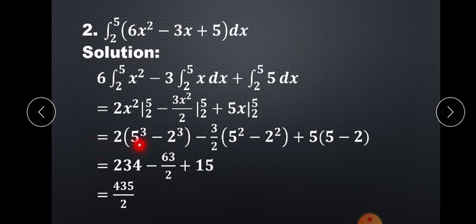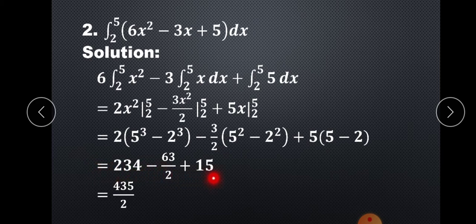Our next step is we need to simplify this. The simplification of 2 times 5 cubed minus 2 cubed is equal to 234, minus the simplification of 3 halves times 5 squared minus 2 squared, which is equal to 63 over 2, plus the simplification of 5 times 5 minus 2, which is equal to 15.